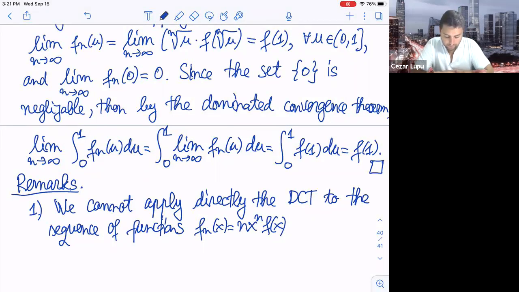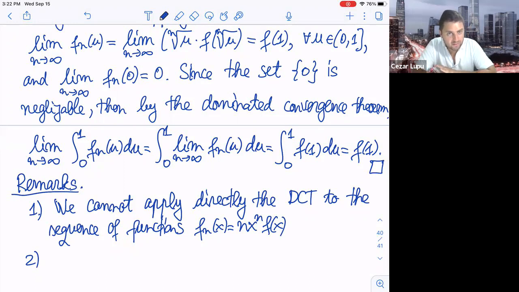But we cannot apply the dominated convergence theorem, unfortunately, for obvious reasons, because I cannot even bound this by a function such that the supremum is less than infinity. So it's not productive for me to do such a thing. It's better to do a change of variables.